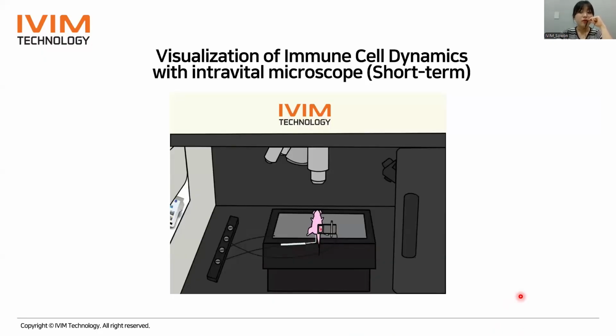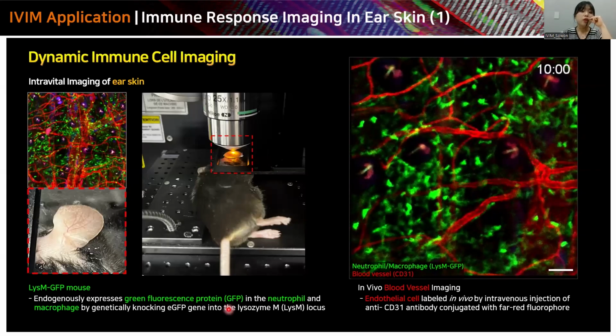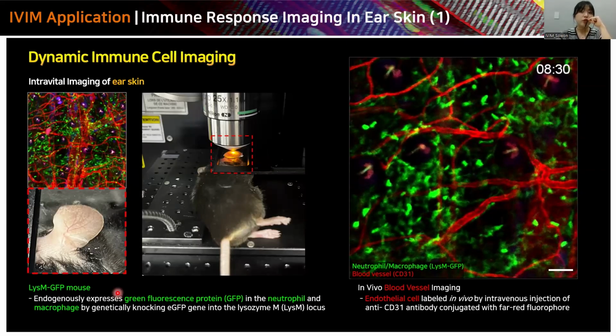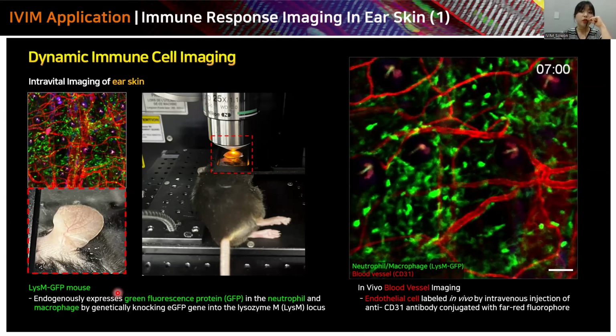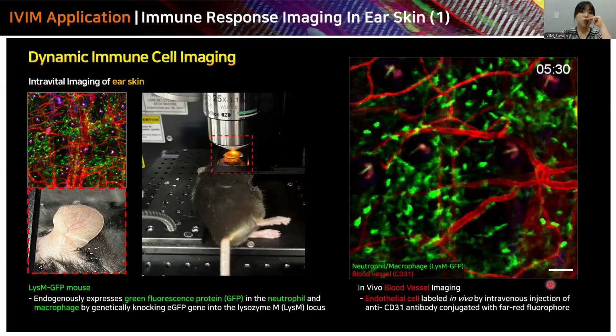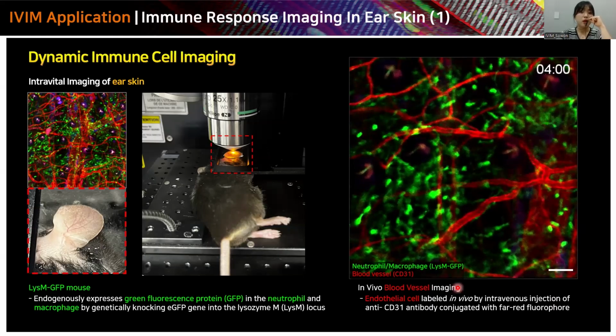Now, I'll show you data where we used the intravital microscope without an imaging window to observe the real-time movement of immune cells over a short period. In this study, we used lyse-M GFP transgenic mice, which express GFP endogenously in neutrophils and macrophages. To clearly visualize the vascular structures, blood vessels were stained with CD31 antibodies labeled using our in vivo labeling kit.